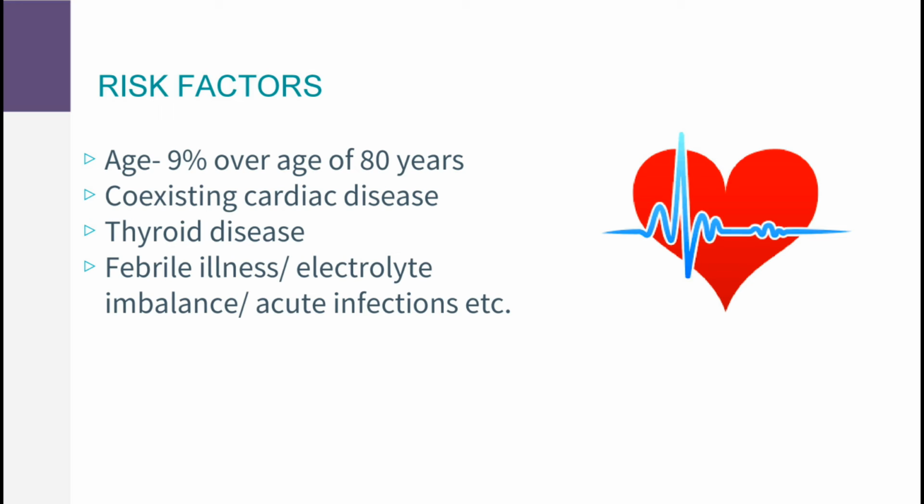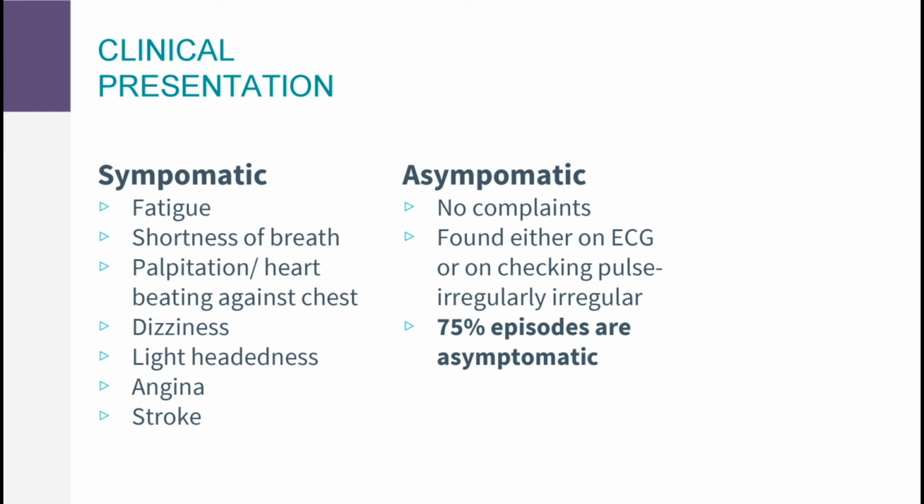Other coexisting cardiac diseases, thyroid diseases, acute febrile illnesses, electrolyte imbalance, or infections are also known to increase the risk of developing atrial fibrillation. AF could be both symptomatic or asymptomatic. The fact that a large number of patients could be asymptomatic should always be kept in mind, for it is like the silence of the lambs.